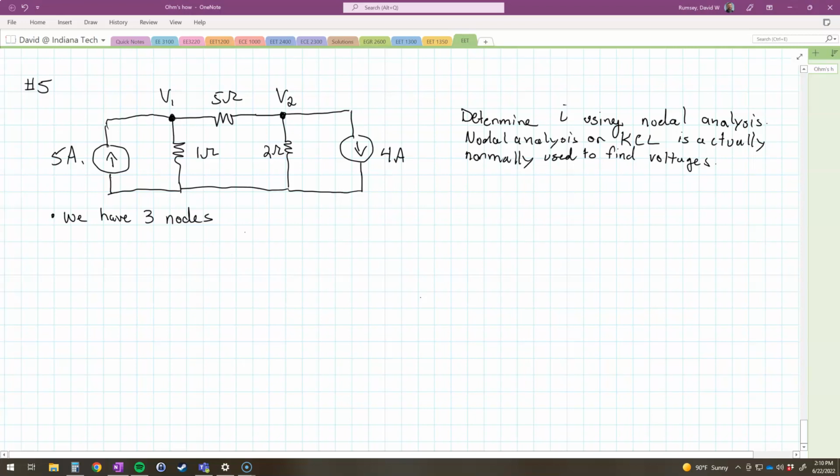This is one node up here where V1 is. So again, I'll highlight it. So this is one node right there. This is a second node right there. And then the third node, which sometimes people forget about, is the one at the bottom right here. So that's my third node.